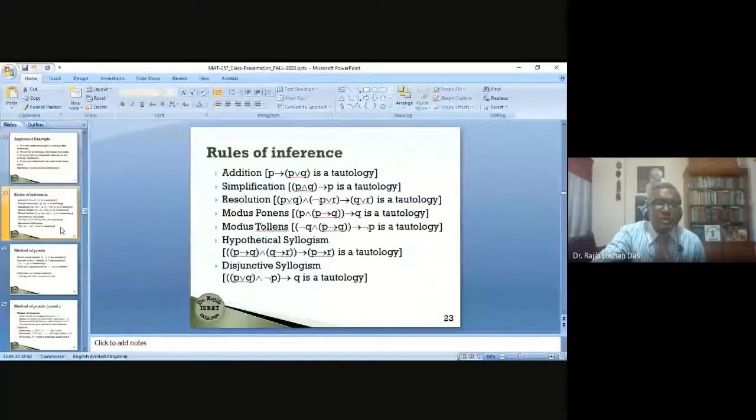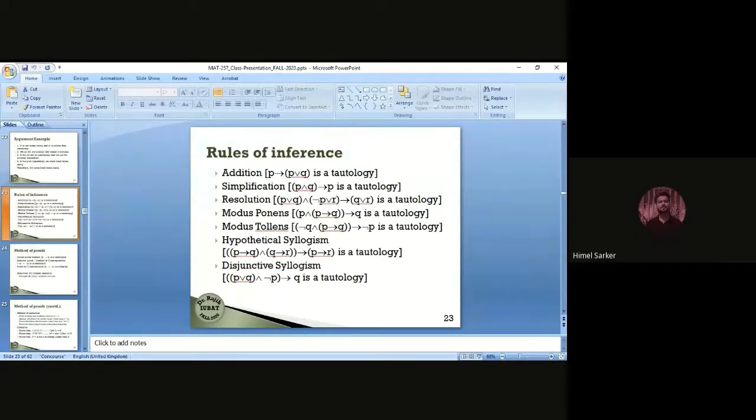So how can I write only one thing? Let me show you the rules of inference slide and check out the simplification. Do you see my slide now? Yes, sir.